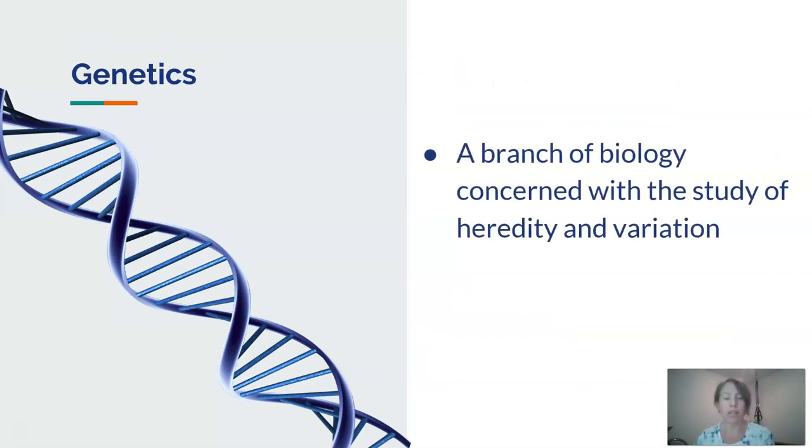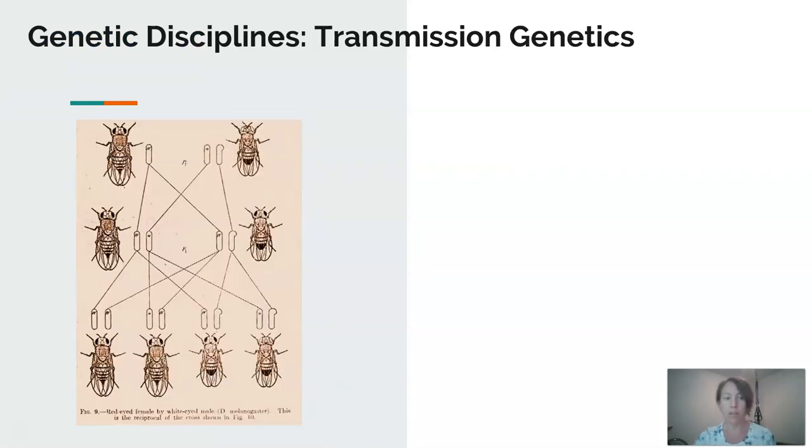Okay, so genetics is a branch of biology concerned with the study of heredity and variation. That'll make a little bit more sense when I talk about the different disciplines in genetics. This is the first discipline of genetics. It is also called classical genetics, but we call it transmission genetics now.